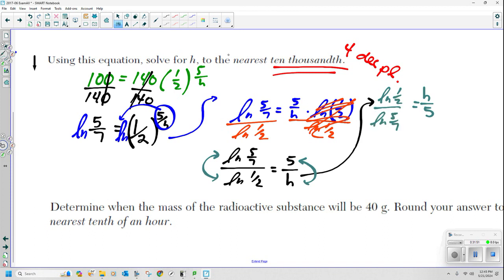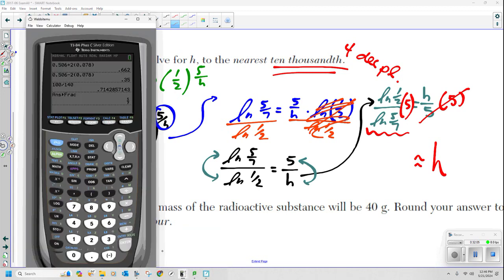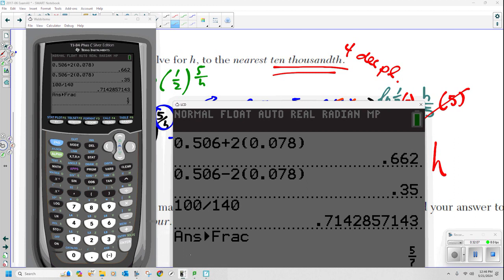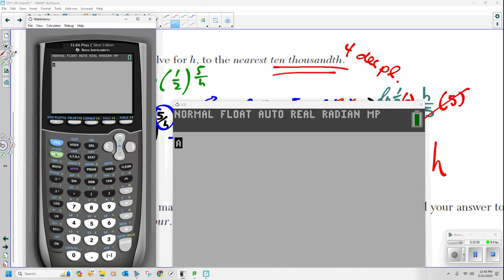All right? Now there's only one thing left to do. I just multiply both sides times 5. Multiply this whole thing times 5. So in my calculator, I'm going to put this side. We got, clear this out, alpha y equals, enter.